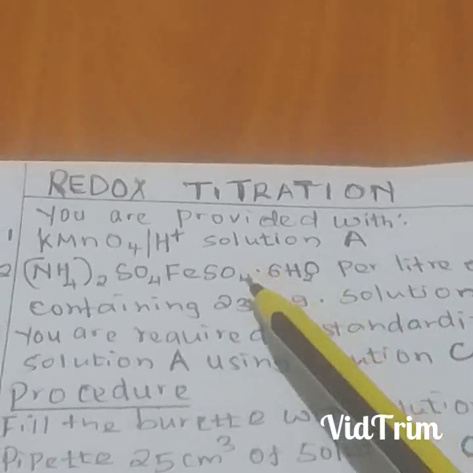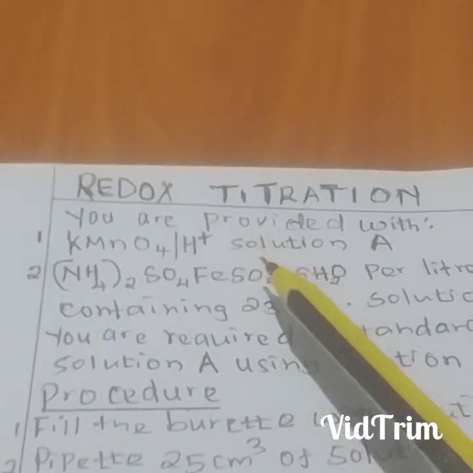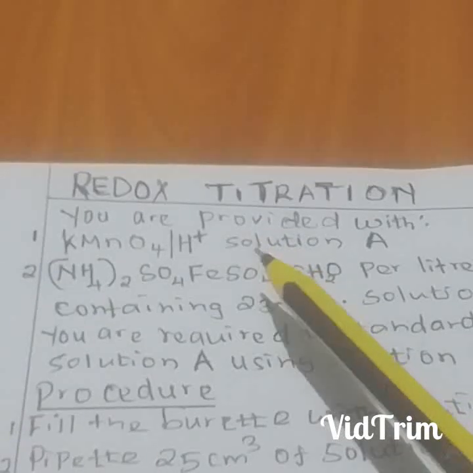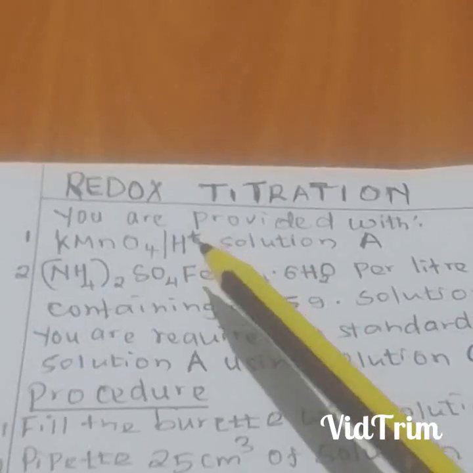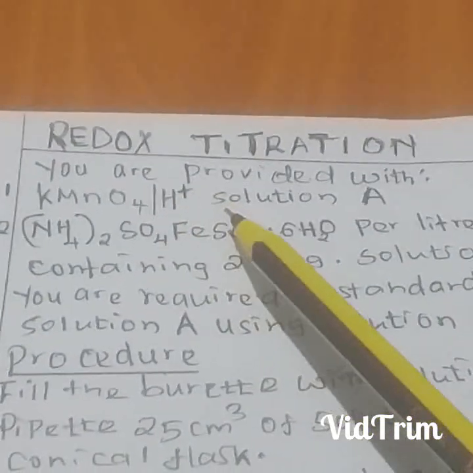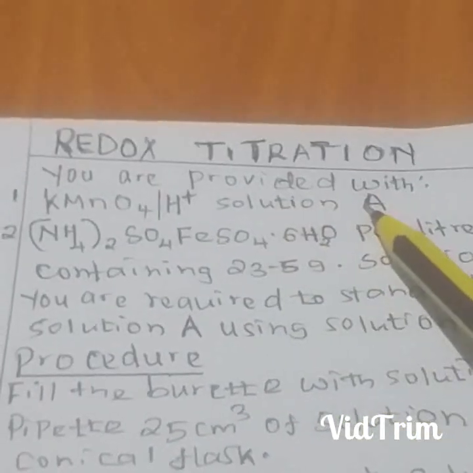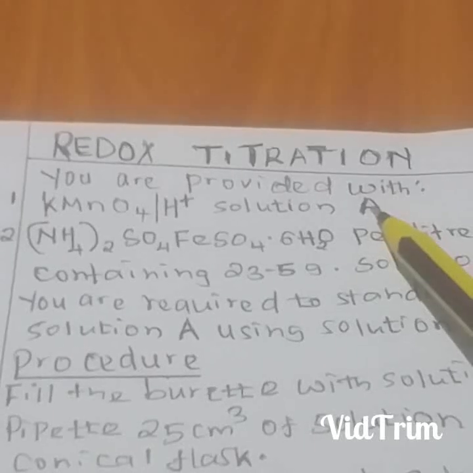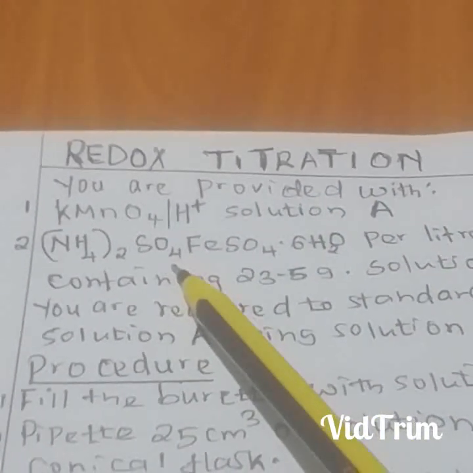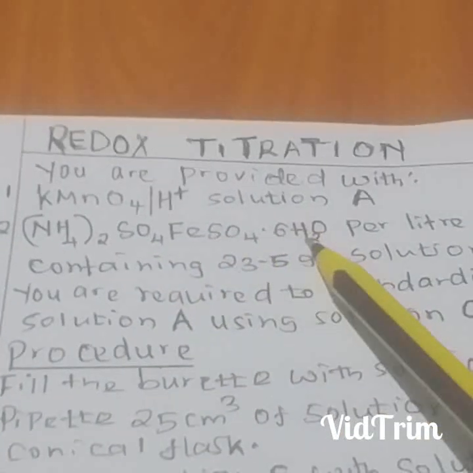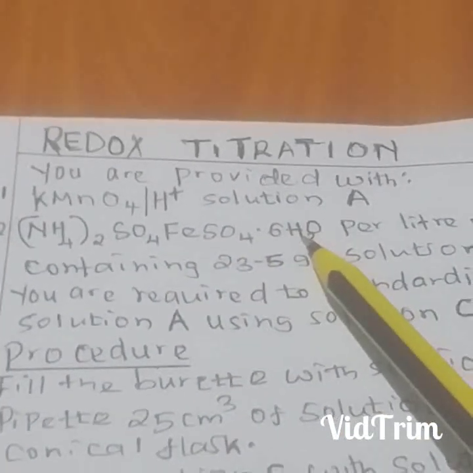Then also, my student, you will discover that in redox titration, these two reagents: the acidified potassium permanganate(VII), solution A, is an oxidizing agent, whereas aqueous ammonium iron(II) sulfate solution is a reducing agent.